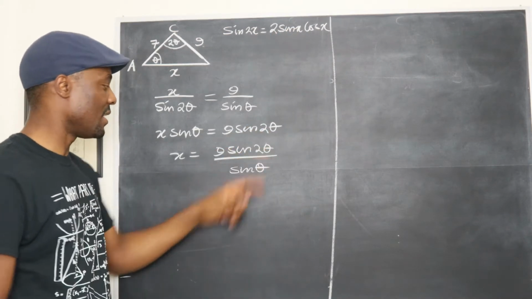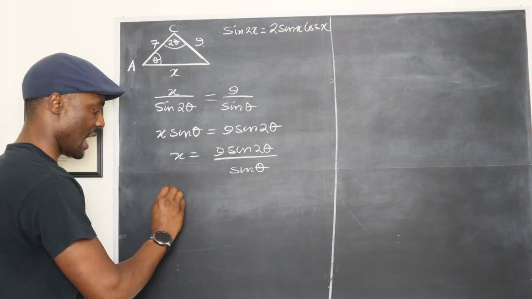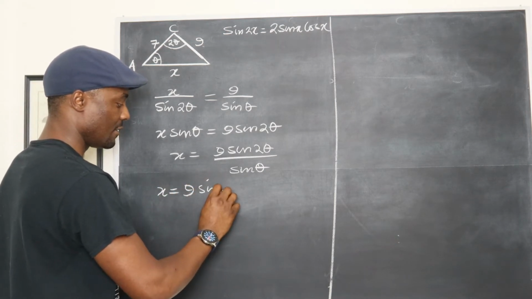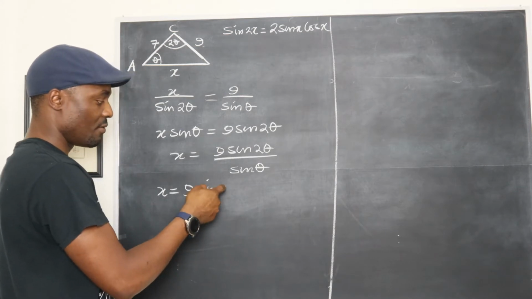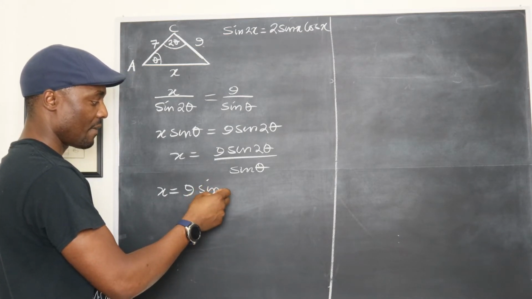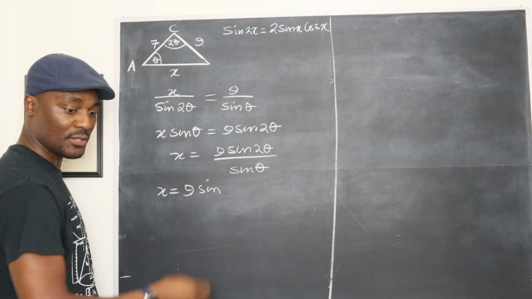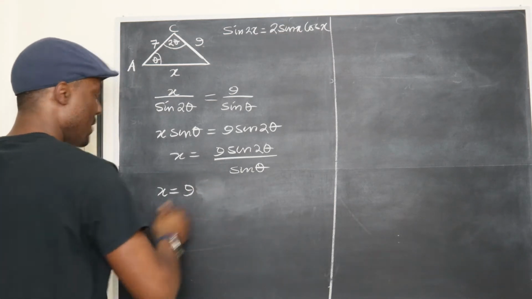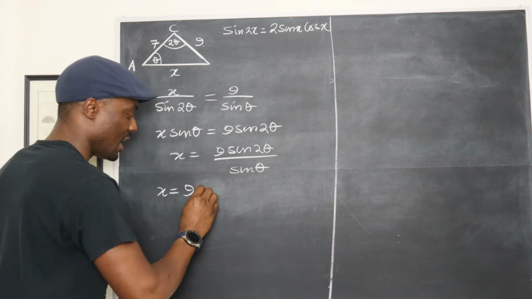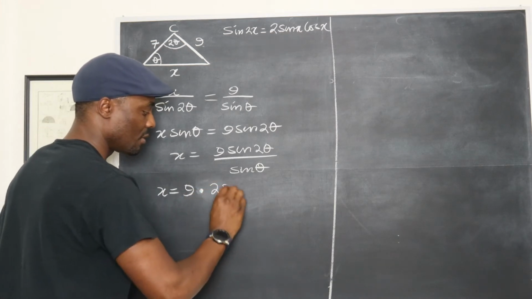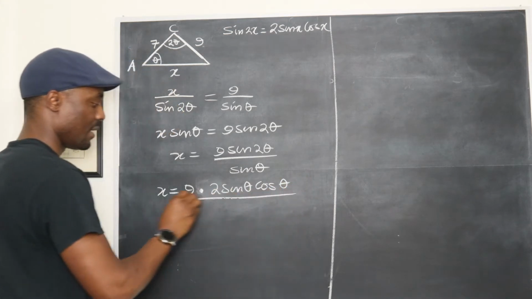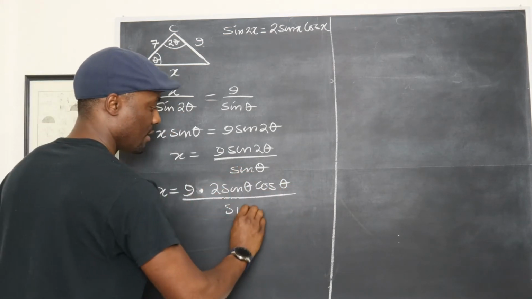So we're going to rewrite this. x will be equal to 9 sine. Remember, I forgot to multiply by 2, so I'm just going to do that. Instead of writing sine 2 theta, you write 9 times 2 sine theta cosine theta divided by sine theta.